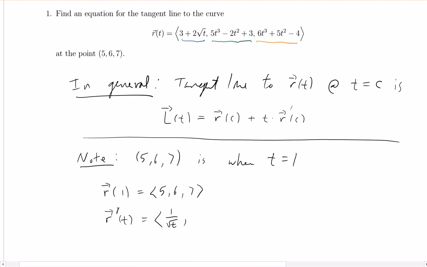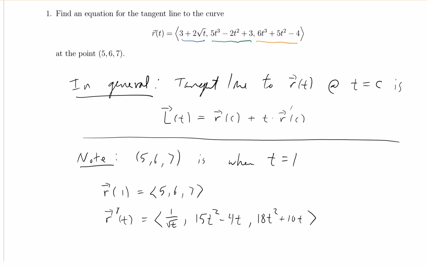The derivative of the y component is 15t squared minus 4t. And the derivative of the z component is 18t squared plus 10t. So that's the derivative, that's r prime.